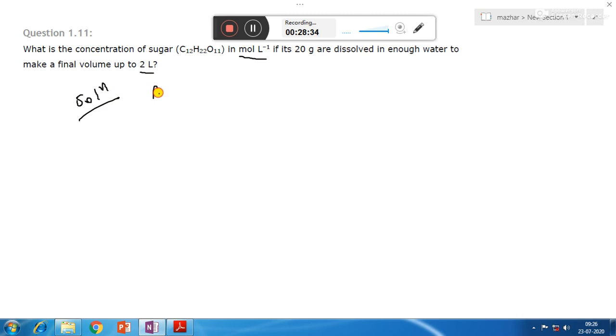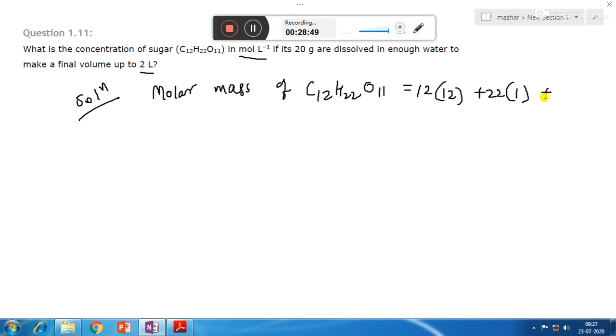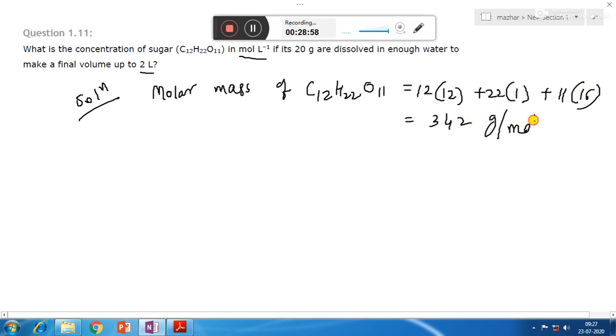Now first of all we have to find out the molar mass of sugar. That is the molar mass of C12H22O11. So it is equal to 12 times 12 plus 22 times 1 plus 11 times 16. So that will be equal to 342 gram per mole.